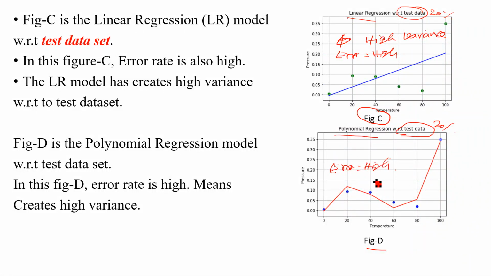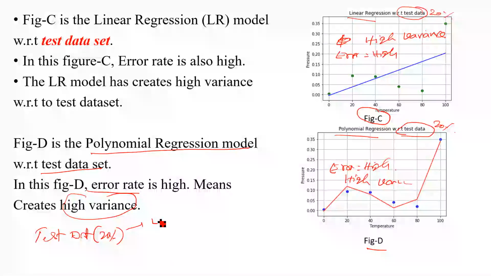Error is high means that is high variance. So figure D is the polynomial regression model with respect to the test data set. Here the error rate is high, which means high variance. So with respect to the 20% of test data, linear regression has high error. High error means high variance. High variance.